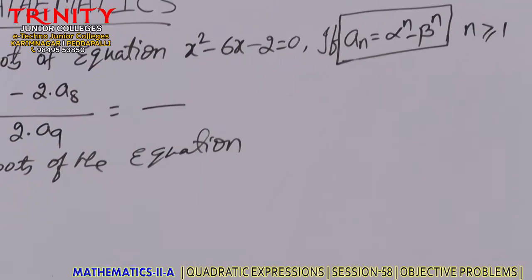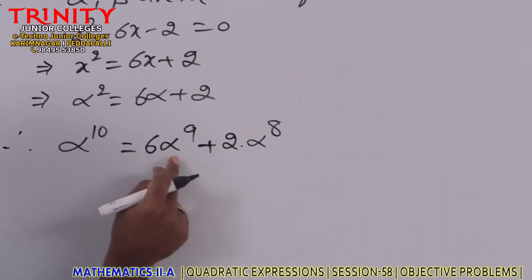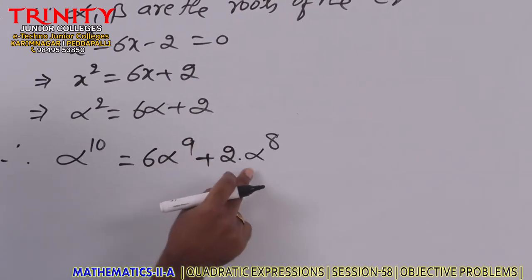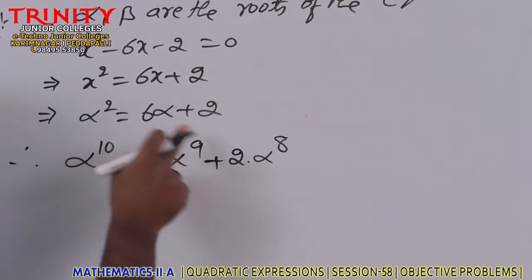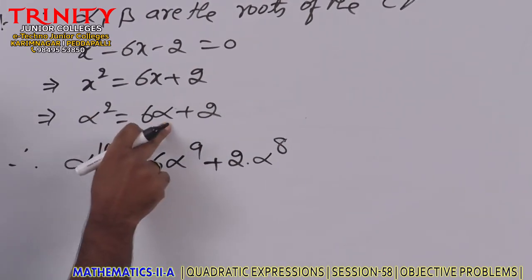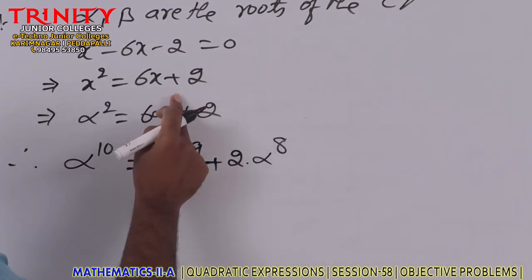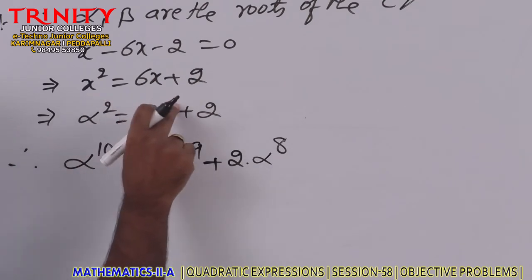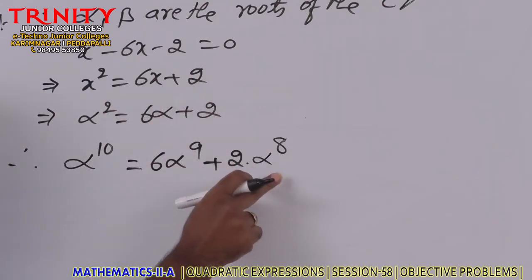That's the reason I am writing alpha power 10 as equal to 6 into alpha power 9 plus 2 into alpha power 8. Did you understand? From this I have expressed this one. Alpha square, power is 2, then on the right side we got power 1 and power 0. If suppose this is n, then this is n minus 1 and this is n minus 2.